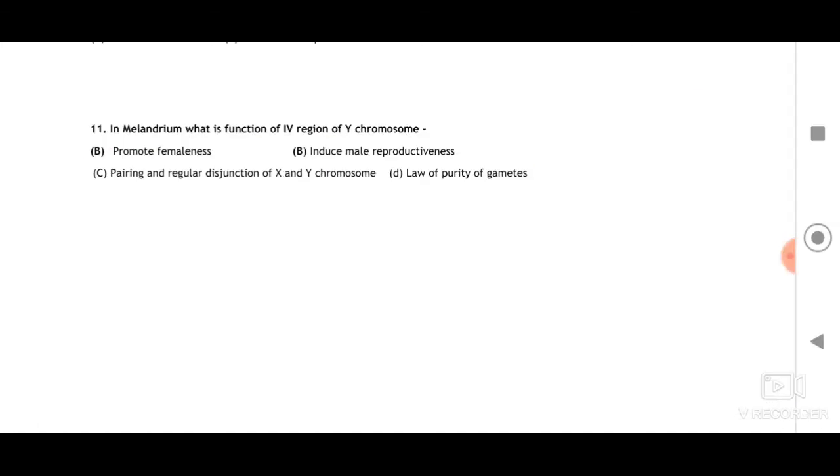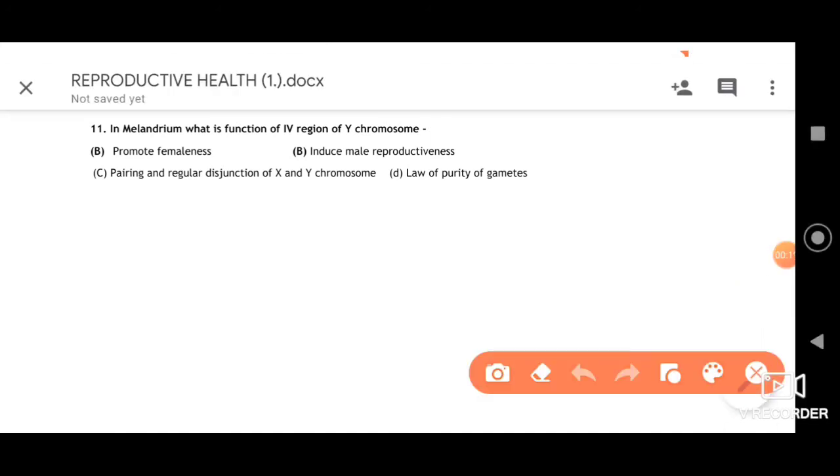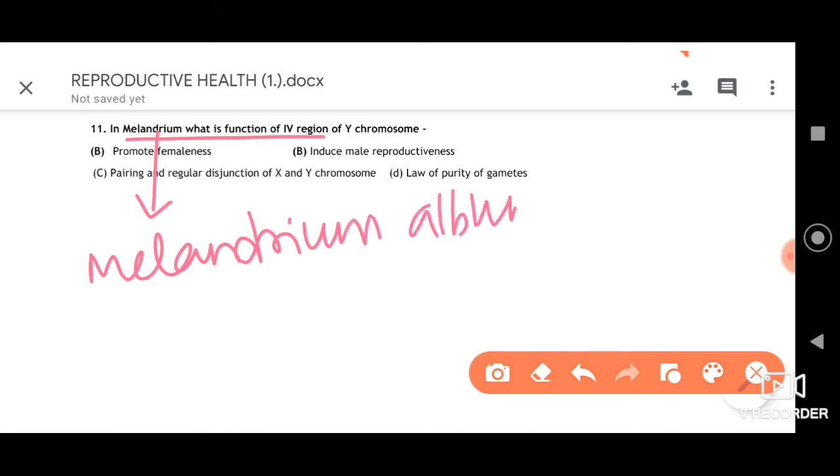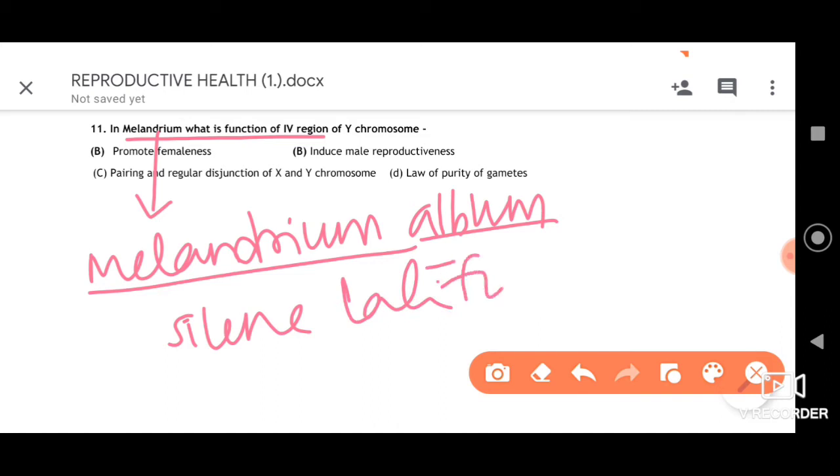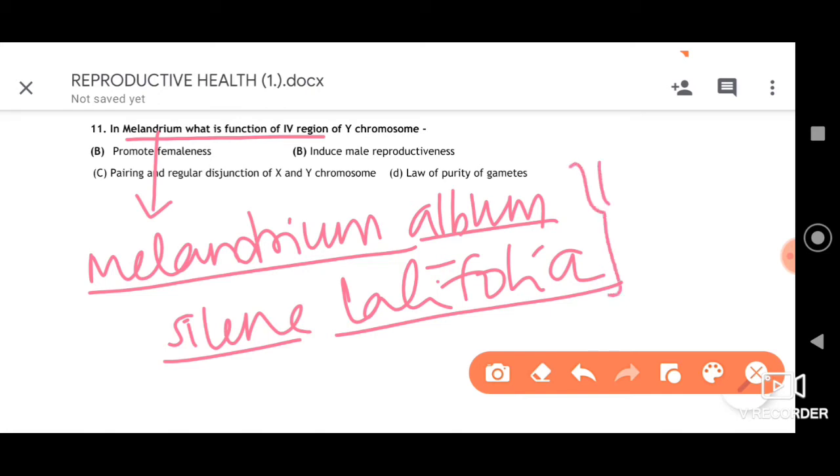Next question: in melandrium, what is the function of the fourth region of the Y chromosome? Let me tell you first of all that melandrium, also called melandrium album, which is the full scientific name, or Silene latifolia, is a unisexual or dioecious plant, where the male and female reproductive structures are separate.